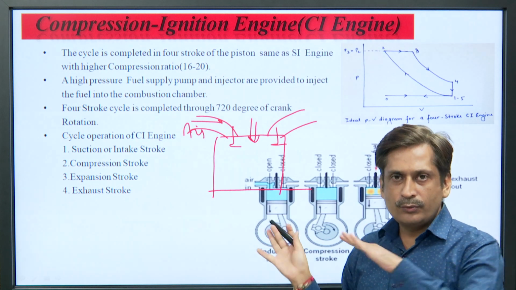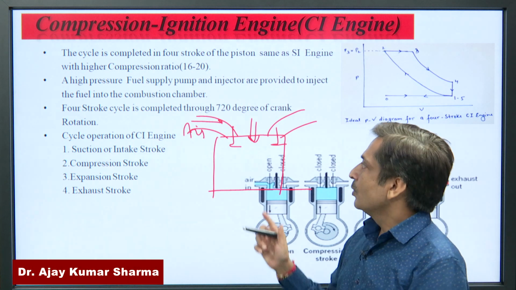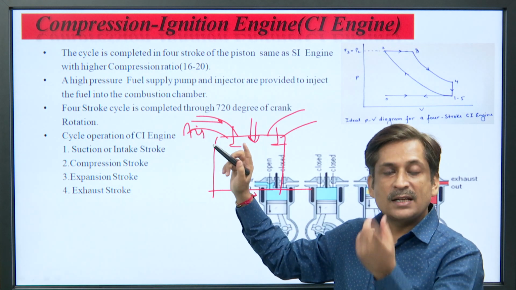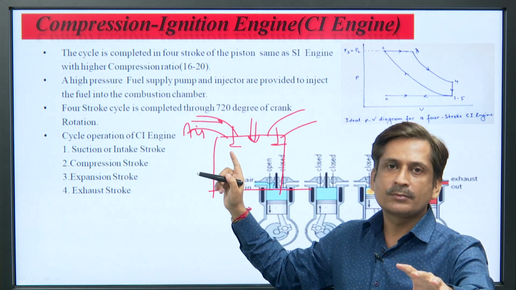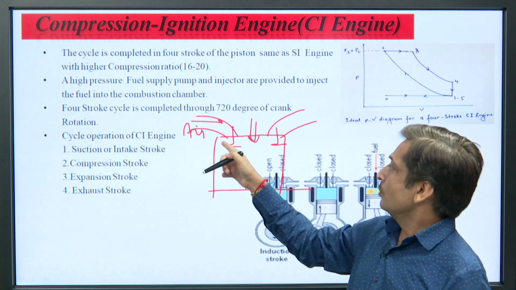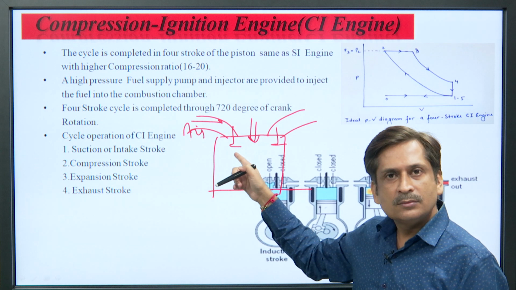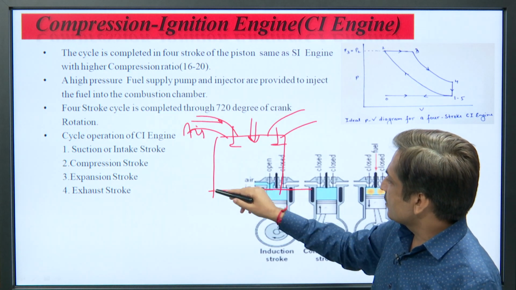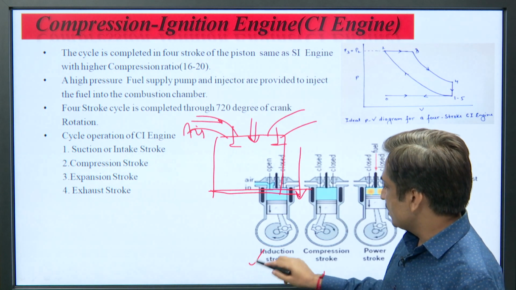What is the difference between SI and CI engines? The only difference is that here we suck only air from the surroundings. In an SI engine we suck the charge, already pre-mixed fuel and air. Here the engine sucks only air during the suction process, which is also called the induction stroke.